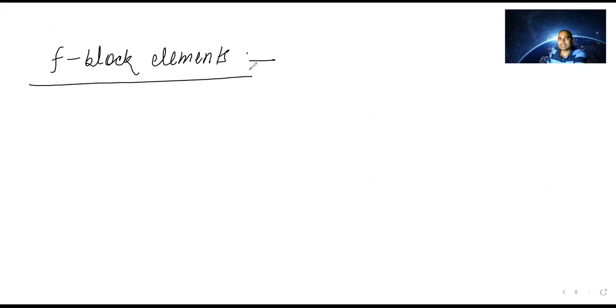Let's have a look at another one, F block element. F block is the bottom block, right?